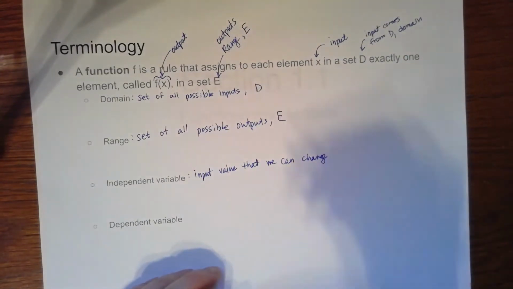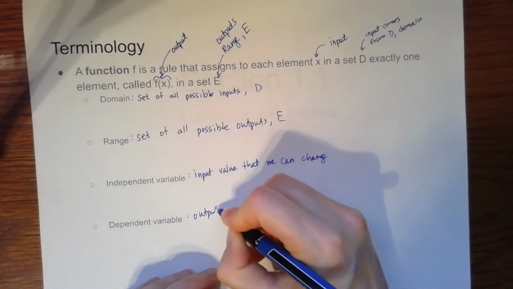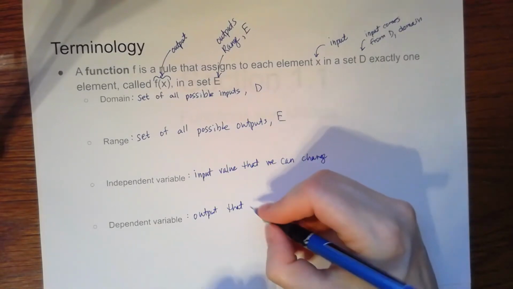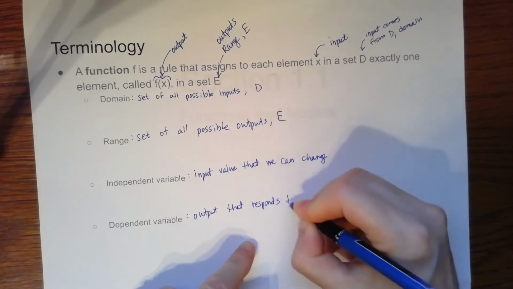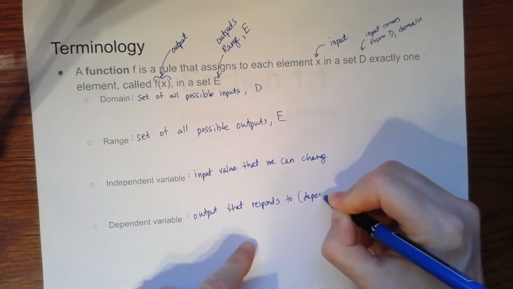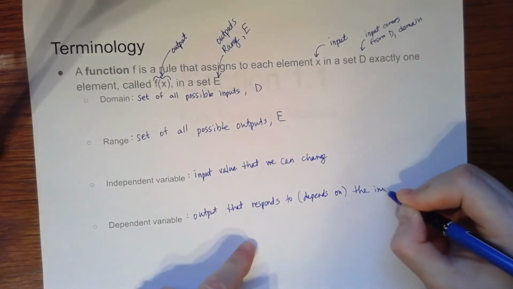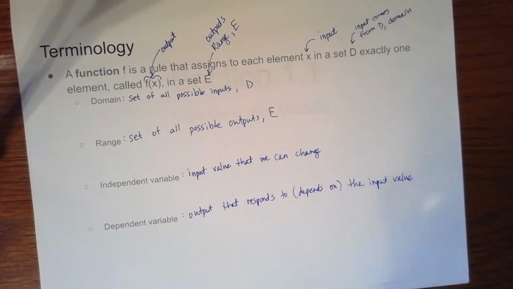And then the dependent variable, this is the output, and this responds to or depends on the input value. And of course, that input value is the independent variable.